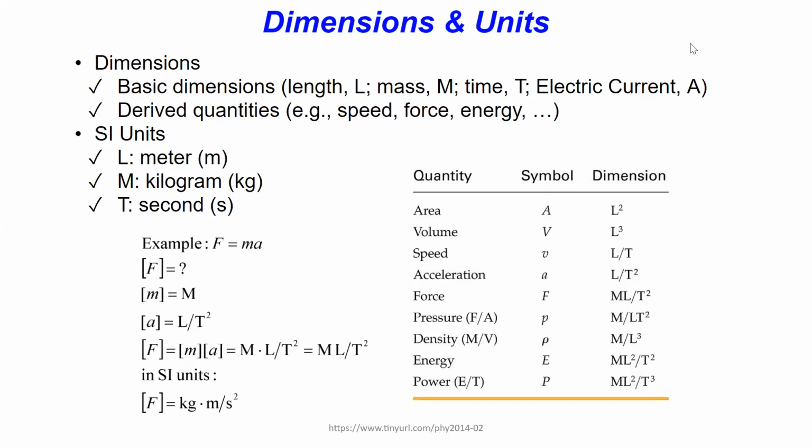These two should be consistent on the left-hand side and right-hand side. On the right-hand side, it's mass times length over time squared. In SI unit, it's kilogram times meters per second squared. So force should have the dimension of mass times length divided by time squared.